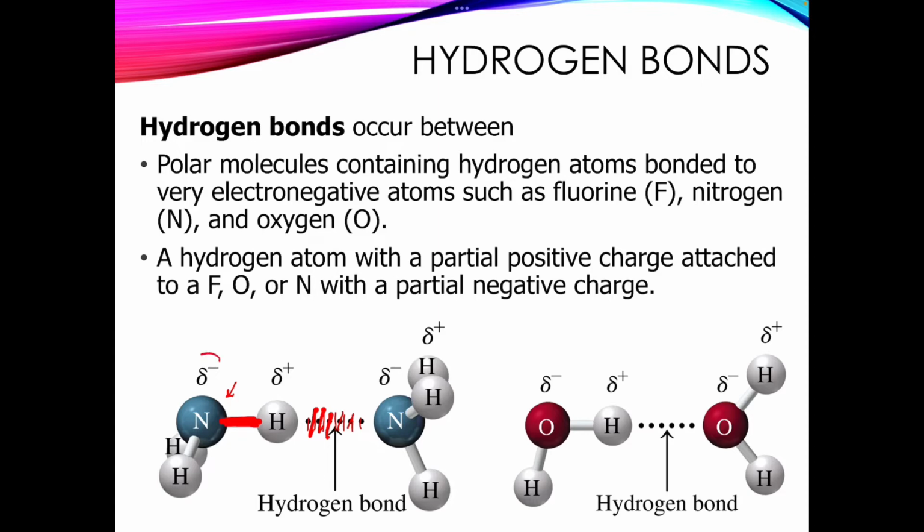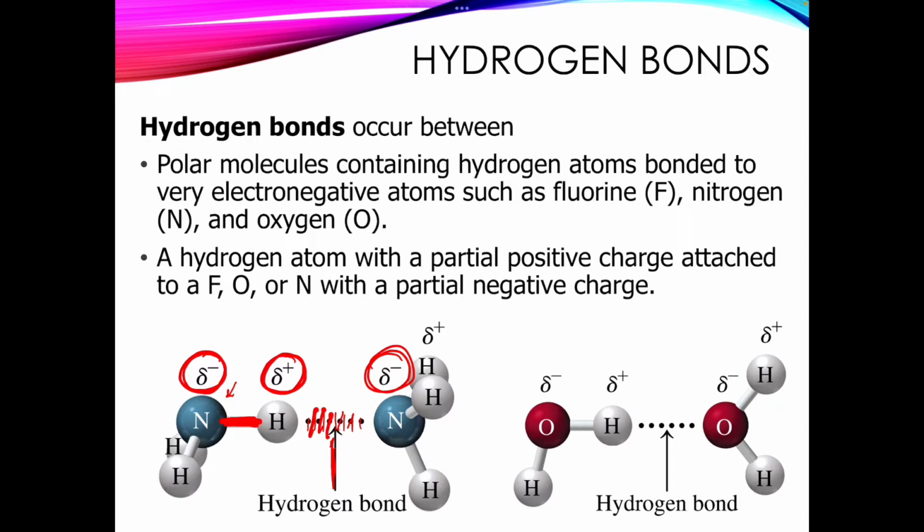So again, because this nitrogen has a partial negative and it's very electronegative, that means hydrogen becomes really electropositive and it can be attracted to another really electronegative atom. So this bond-ish thing, right, this hydrogen bond that forms between them is very, very strong. But again, I want you to remember that this is an attraction, not a bond, okay?